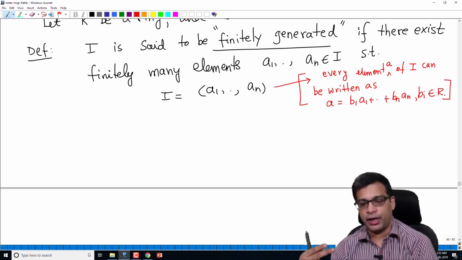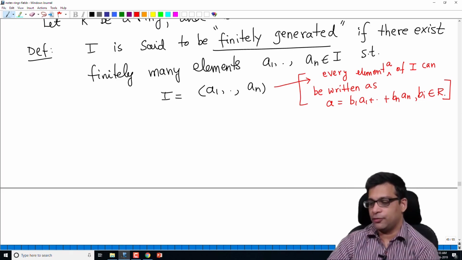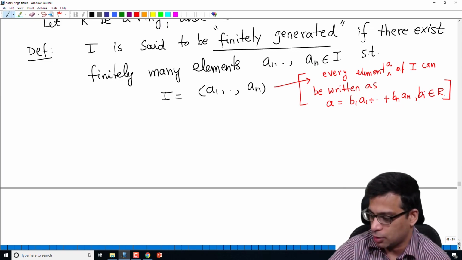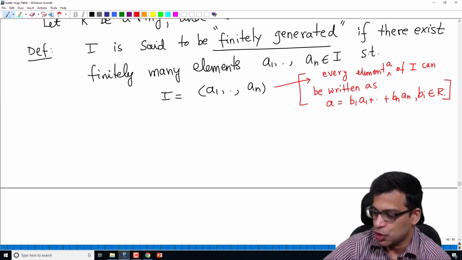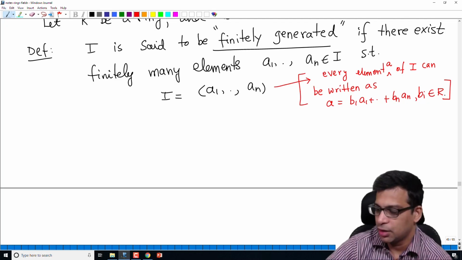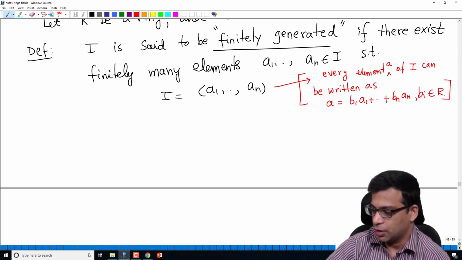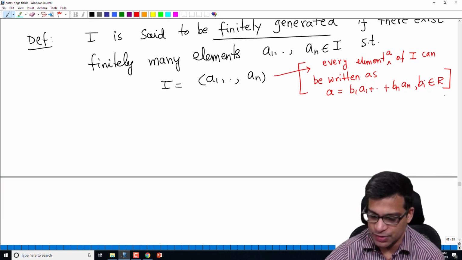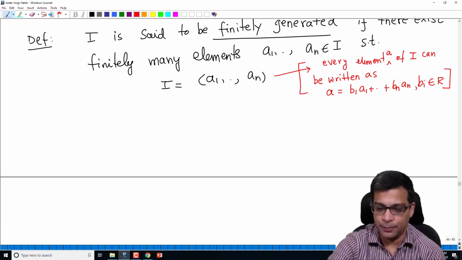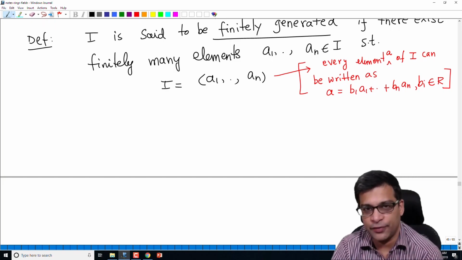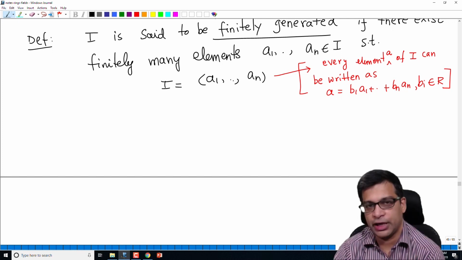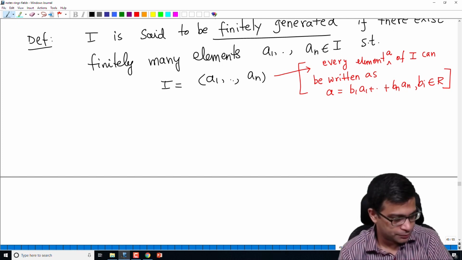Remember, a1 squared, a1 cubed will also be there, but we don't need to include squares or any other powers, because you can absorb any extra powers of a1 into the coefficient. Because it's an ideal, we can always write every element like this. So finitely generated simply means that there is a finite set of elements which generate I, meaning every element of I can be written as a linear combination of these.